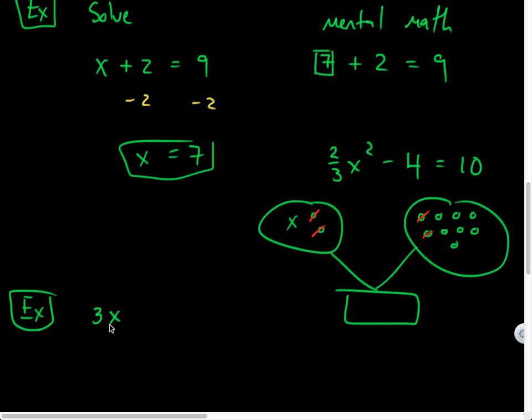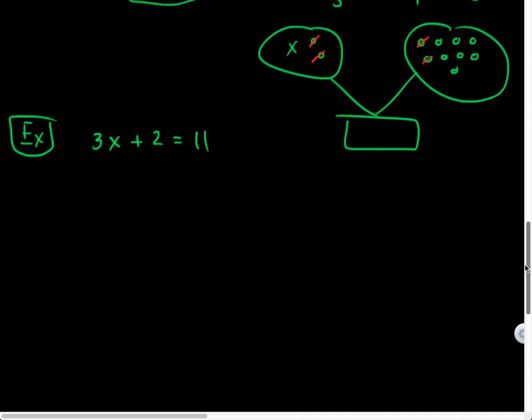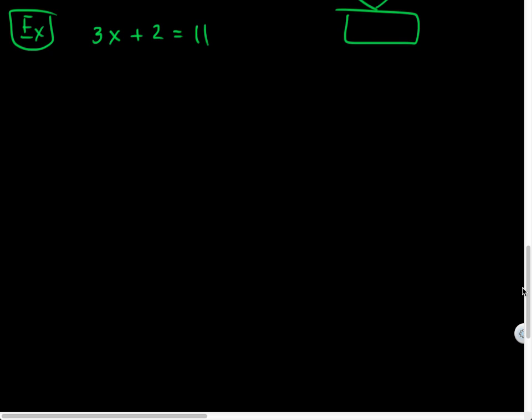So let's see. Let's say I've got this problem. 3x plus 2 equals 11. Could you describe to me what is happening to x?